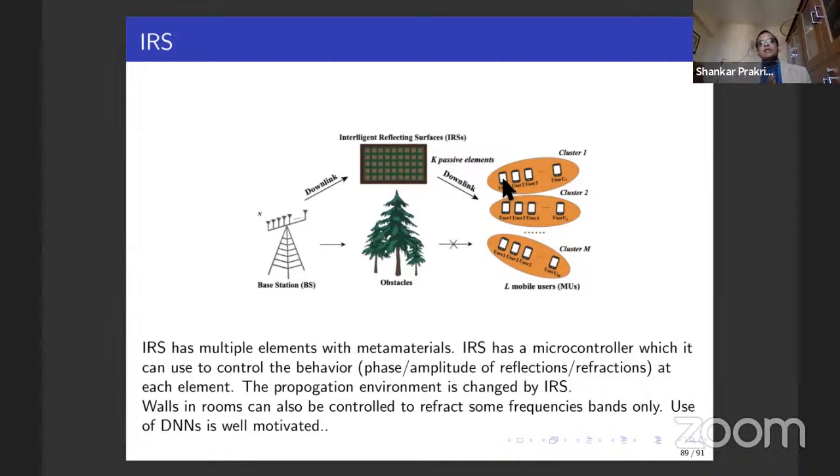So what's happened here is that you're able to change the propagation environment, right? So IRS, or intelligent reflecting surfaces, are very, very important, but you have a large number of elements, let us say 100 of them, and you're able to change the propagation environment, and you're able to strengthen the signal coming to one user. You're able to do some kind of beamforming, and it's different from relaying, right?